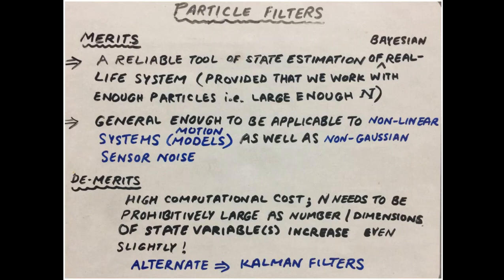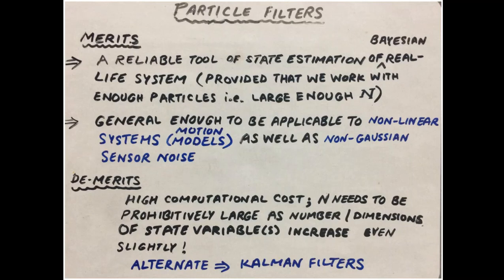It is general enough and can be applied to nonlinear systems, that is, systems in which the motion model is described by a nonlinear system. And it is also applicable to systems containing non-Gaussian sensor noise, and I'm going to explain that in a bit.